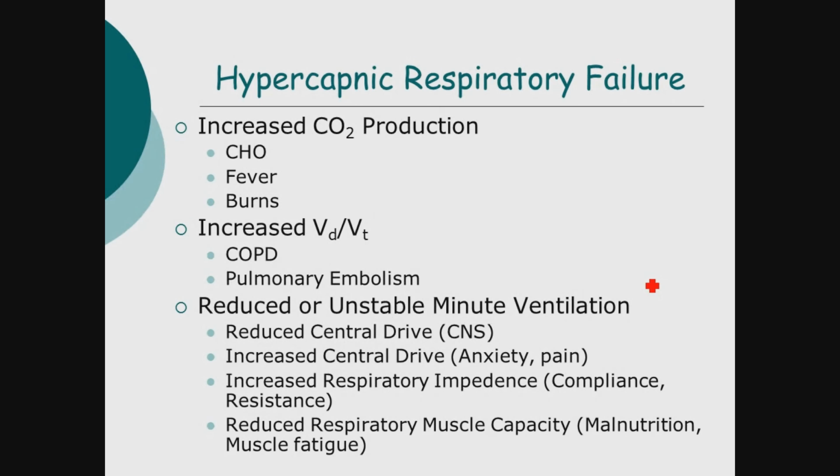There's a lot of wasted ventilation. There's not perfusion there to match it. And there's also increase in CO2 production simply because of patients who spike temps, have a high carbohydrate intake. Instead of a balanced diet, we're feeding them with high amounts of glucose. And in that process, they end up having an increase in CO2 production for the amount of O2 that they consume.